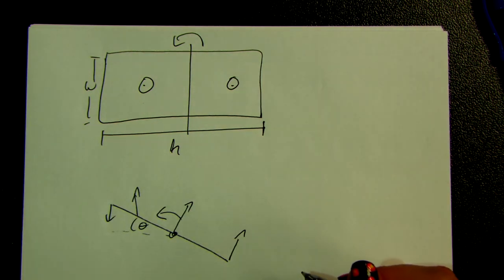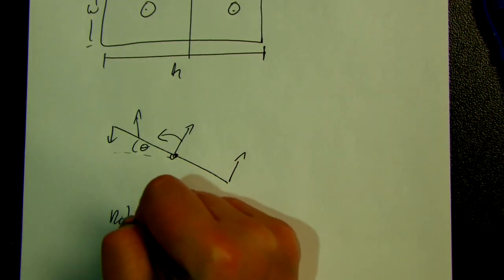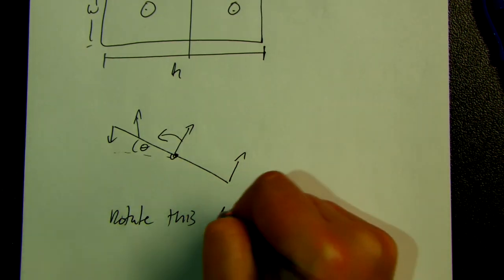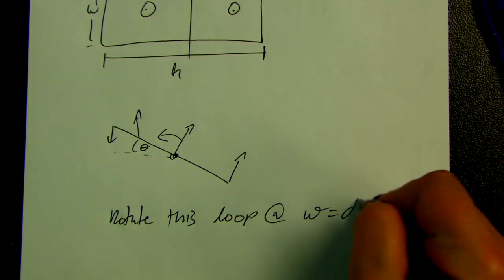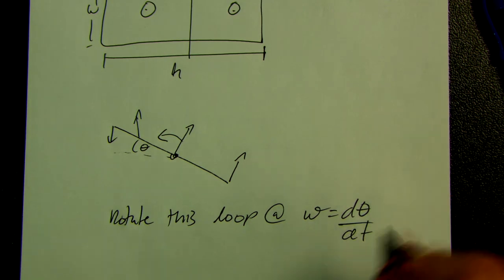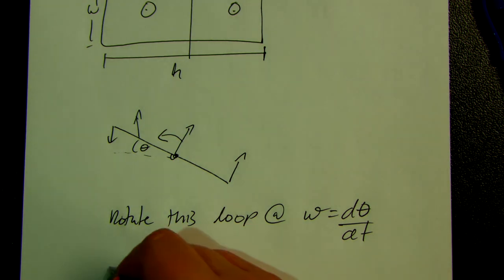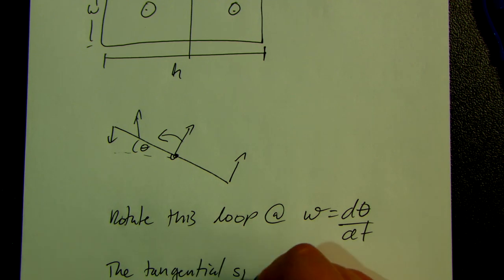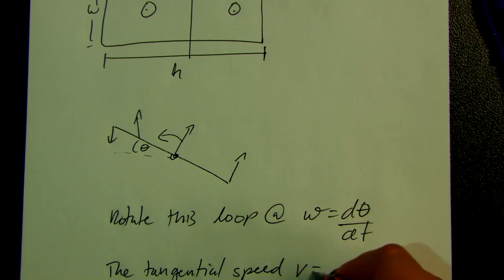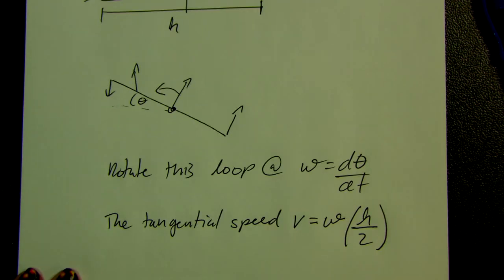Let's say we rotate this loop with an angular velocity of d theta dt, so we're giving it a nice little omega. The tangential speed v is equal to omega h over 2.